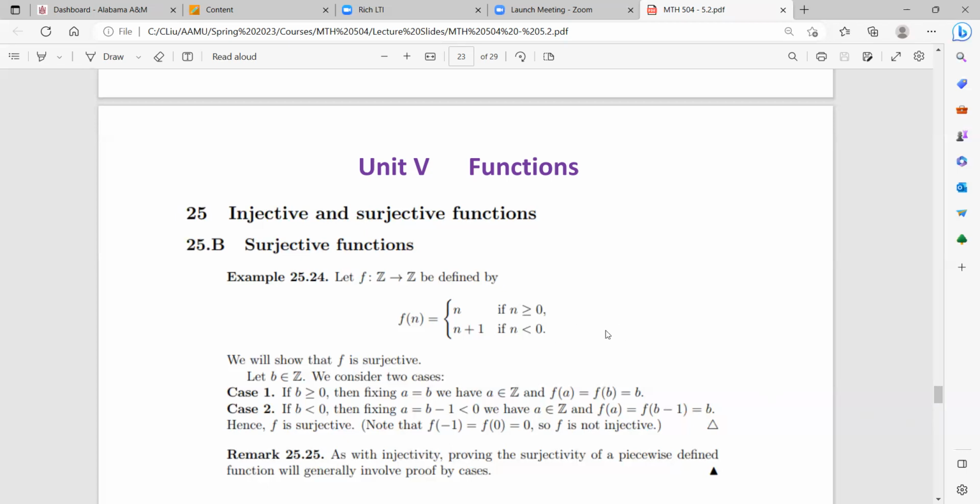Anyway, this is an onto function. So you can see, when we have piecewise defined functions, it usually makes the situation complicated, and the way to deal with it is to separate different cases based on the definition of the function.